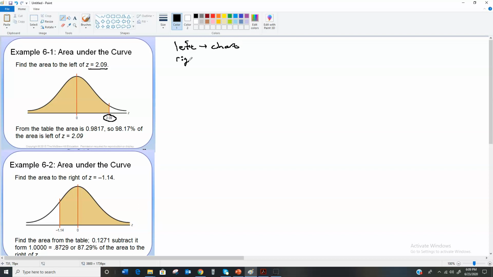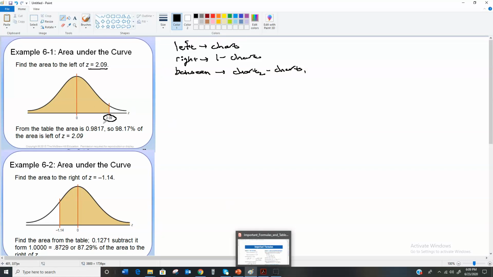If it's to the right, we're going to do 1 minus the chart. And if it says between, we're going to use the two different chart values and subtract them. So we'll look up one value, look up another value, and subtract them. So where do we find that value? Well, if you look on the chart, this is what it looks like. And remember, 2.09 is what we're looking for.